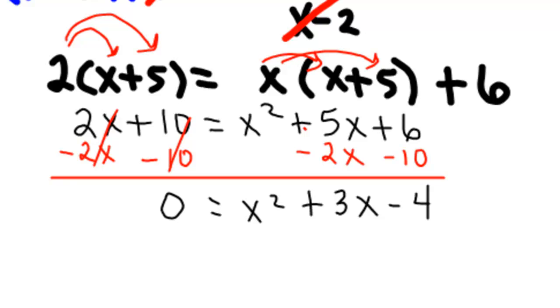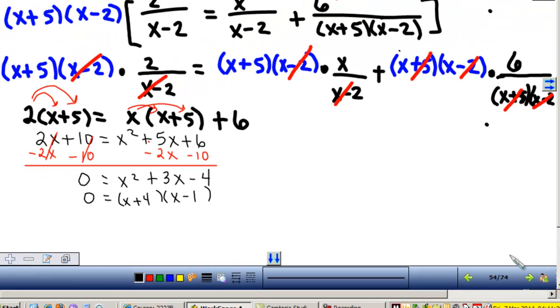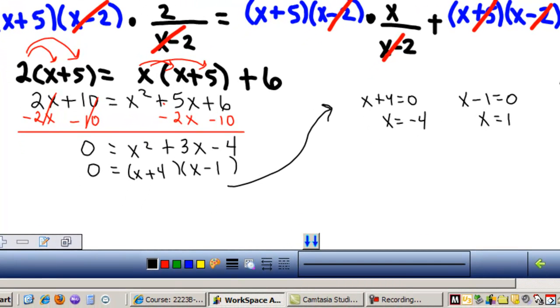Factor and set each factor equal to 0 and finish solving. 0 is equal to x plus 4 times x minus 1. Setting each of these factors equal to 0, we get x equals negative 4 and x equals 1.